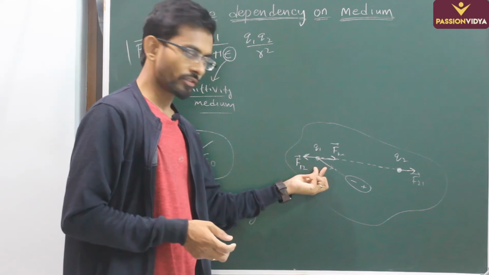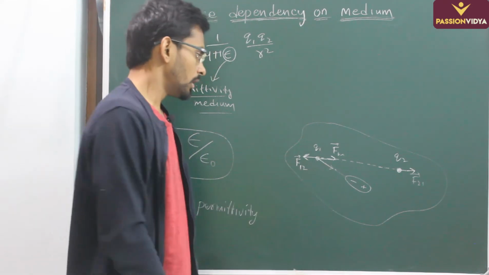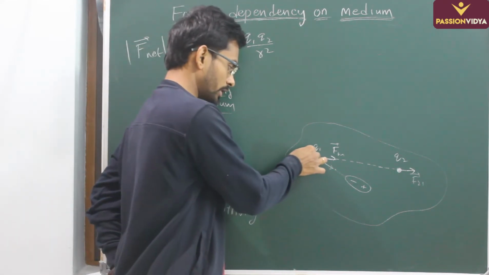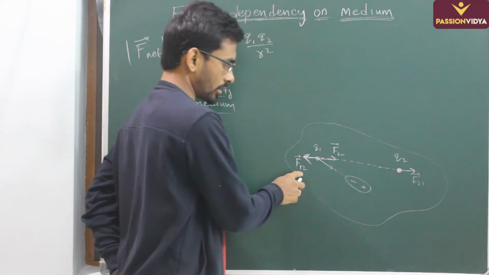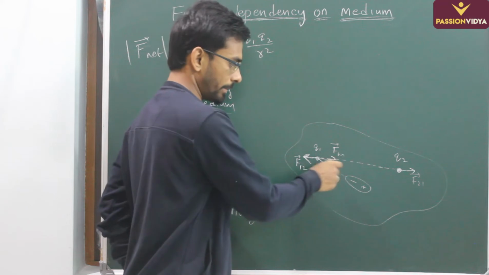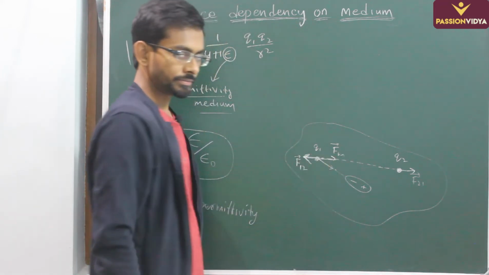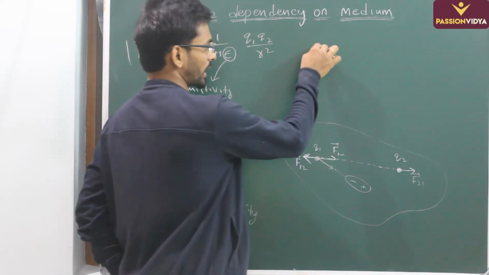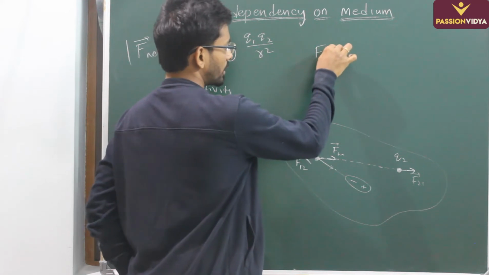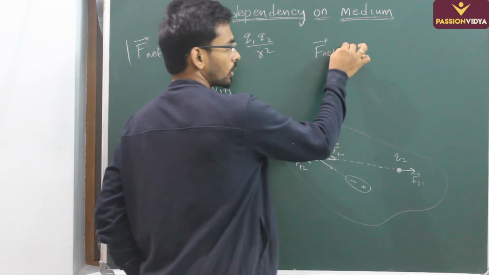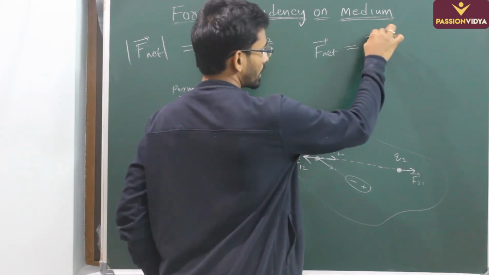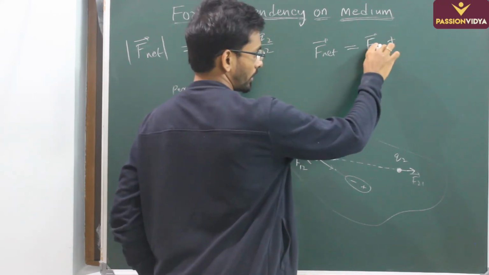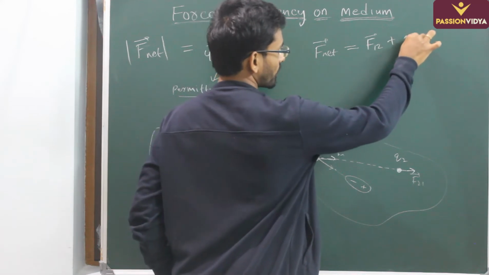Now if we consider the free body diagram of this first particle, there are two forces acting on it, that is the force applied by the second particle on the first particle and the force applied by the medium on the first particle. Now if we write the net force acting on it, F net is equal to F12 bar, that is the force applied on 1 by 2, plus Fm bar.